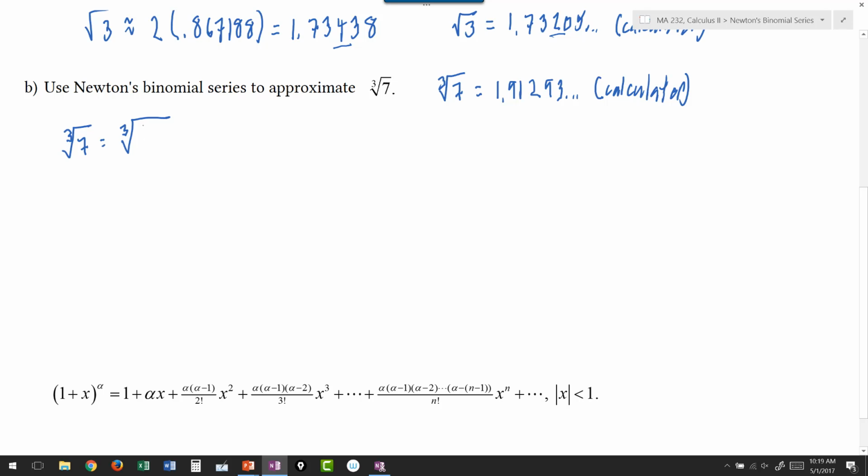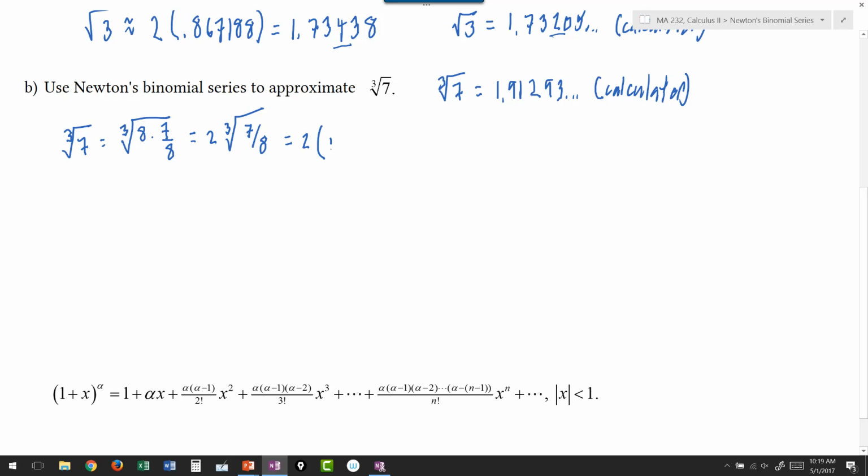The 6 would be outside of where the series converges. So what I'm going to do is rewrite that as a perfect cube, in this case 8 times 7 divided by 8. I haven't changed the value, but I have changed the look. That 2 cubed can come out as a 2 in front. So now I'm trying to approximate the cube root of 7/8.